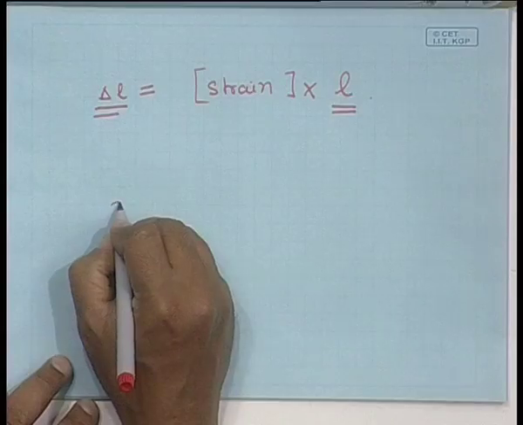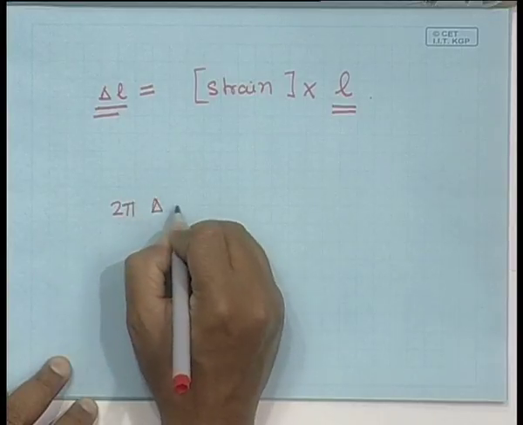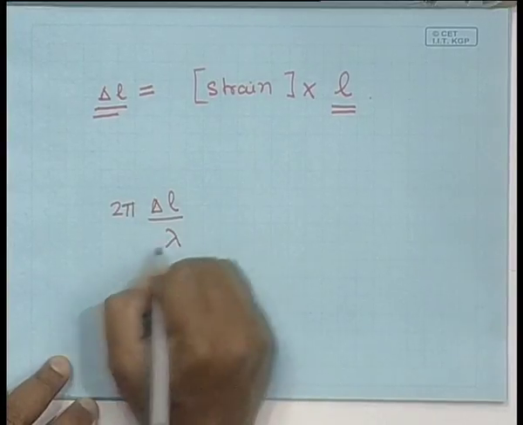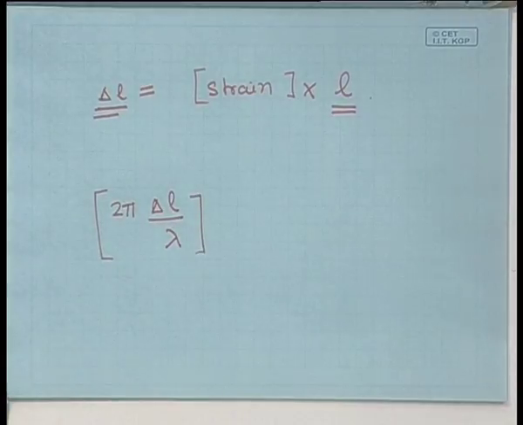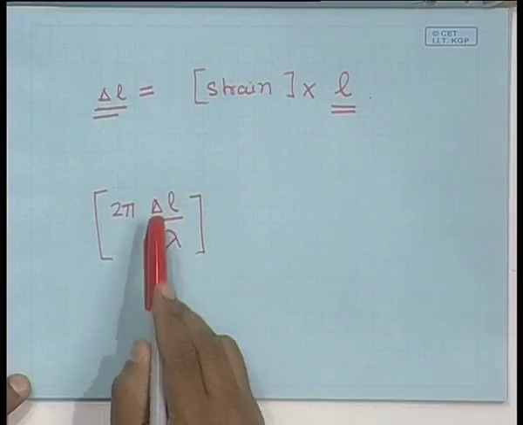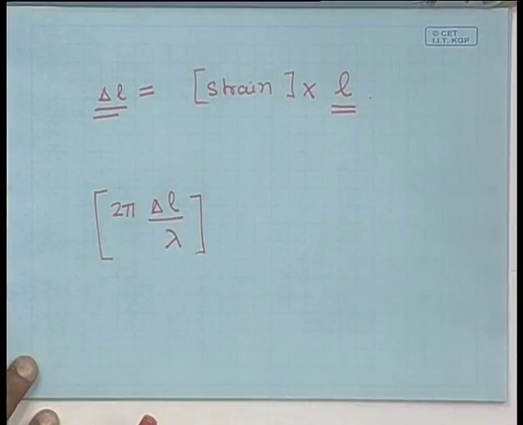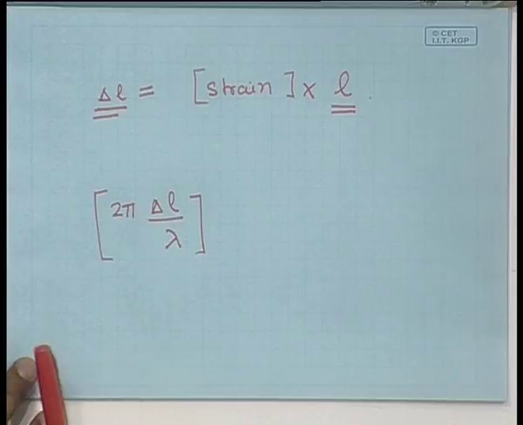Remember that the Michelson interferometer measures the phase change which occurs between the two arm lengths, and the phase change is 2 pi delta L by lambda, and the phase change manifests itself as a change in the fringe pattern. So, the larger the delta L, the more is going to be the change in the fringe pattern, and it is going to be easier to detect the gravitational waves.